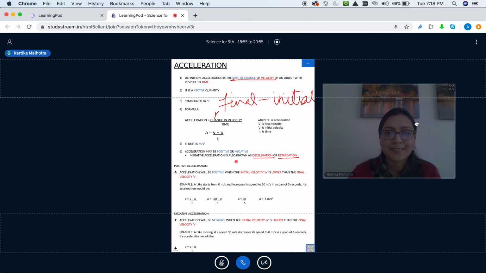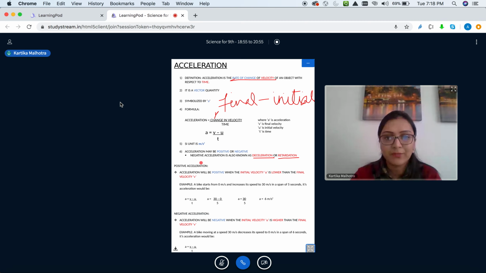Let's see when acceleration is positive and when it's negative. Acceleration will be positive when the initial velocity u is lower than the final velocity v, and negative acceleration happens when the initial velocity u is higher than the final velocity v.